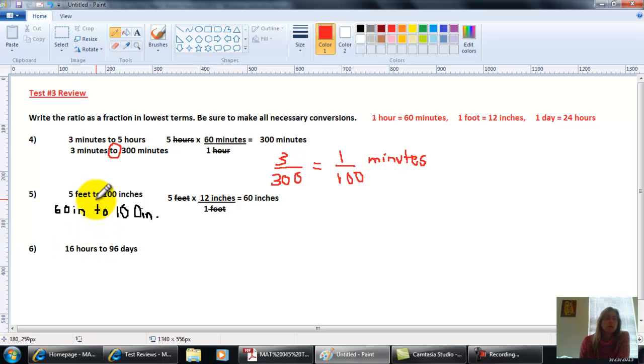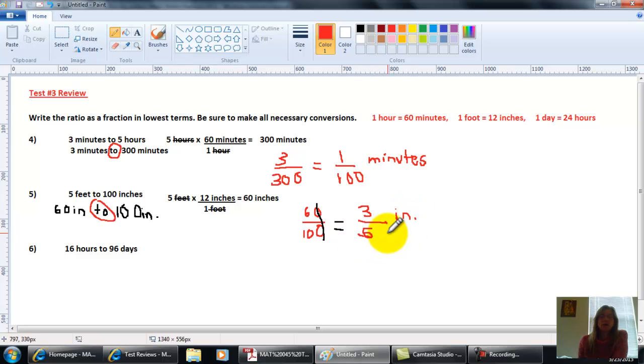So you have 60 over 100. And to start to reduce 60 over 100, you can always divide each side by 10, which is just taking a 0 off, and then divide by 2, which gives you an answer of 3/5. So your ratio becomes 3/5 inches. Make sure you indicate that you changed your units.